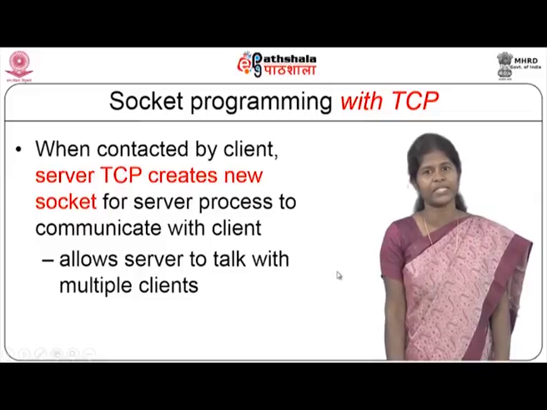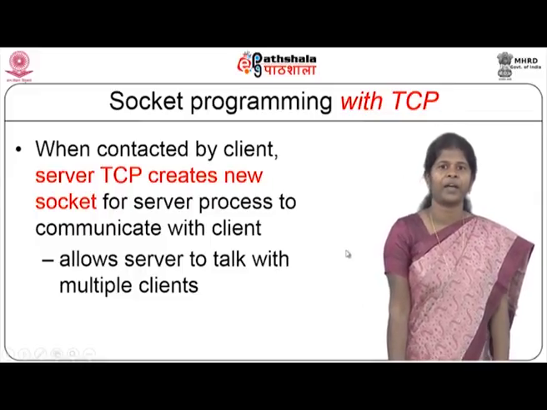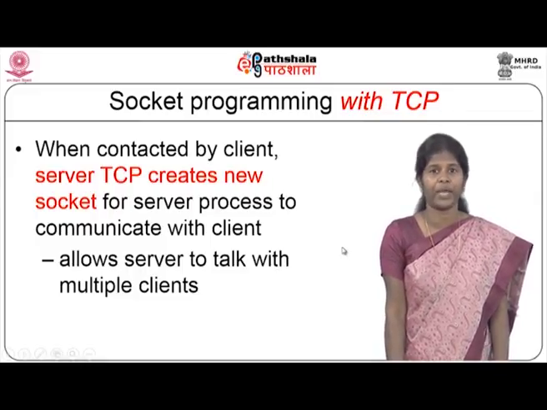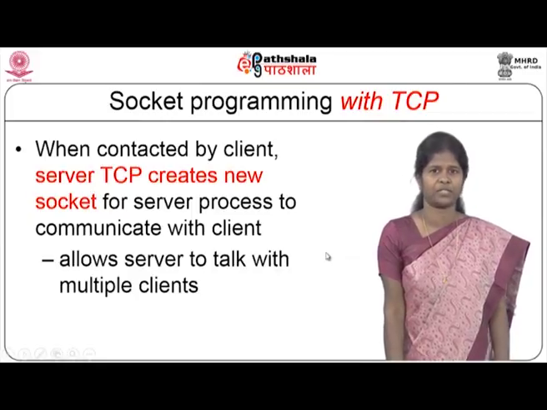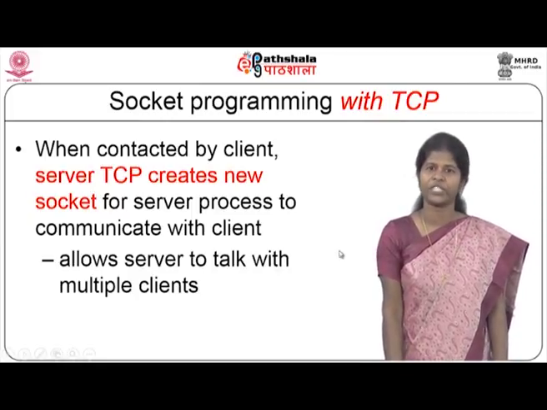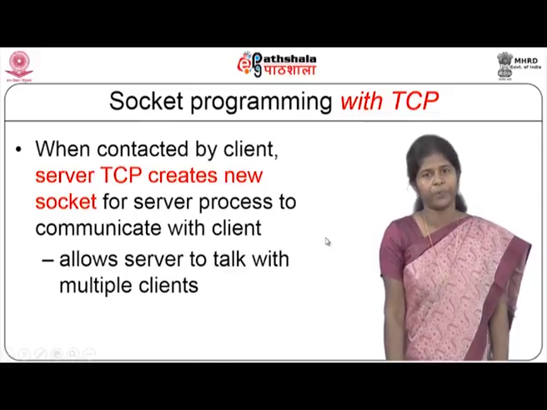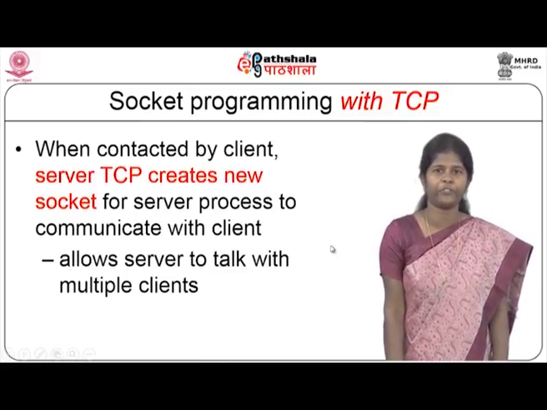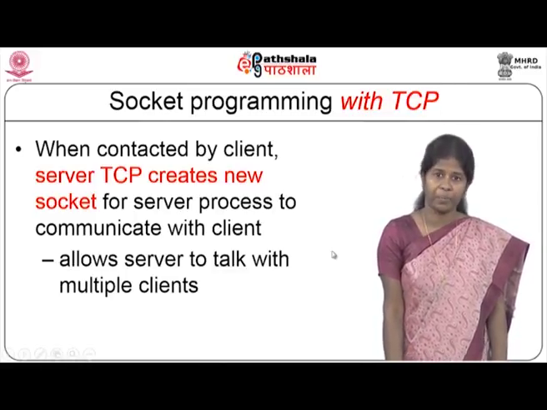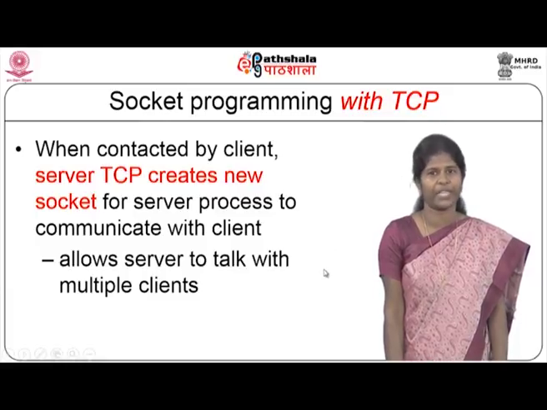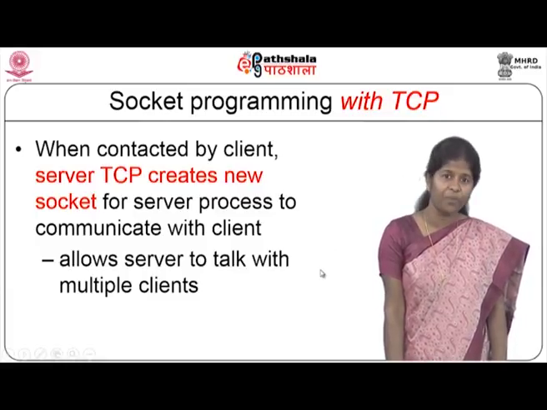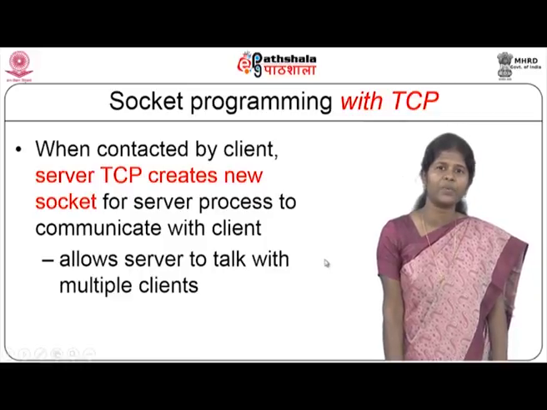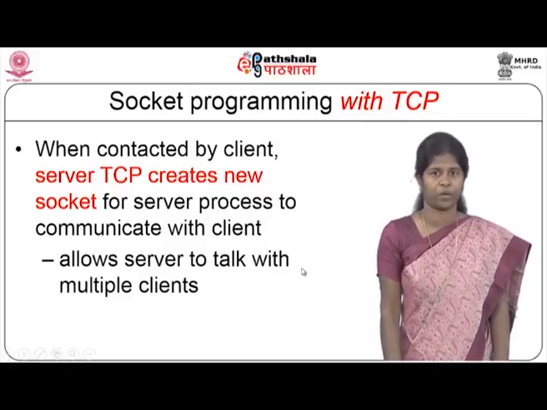And now when this request is got by the server, it may get requests from multiple clients. So, the server which is running, which is providing service, may provide service to a number of clients. And when many clients request the server at the same time, the server should be able to service all the clients properly.